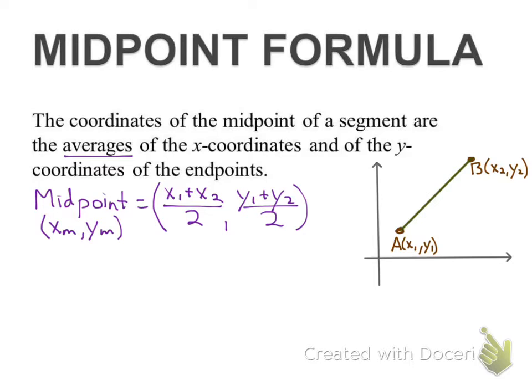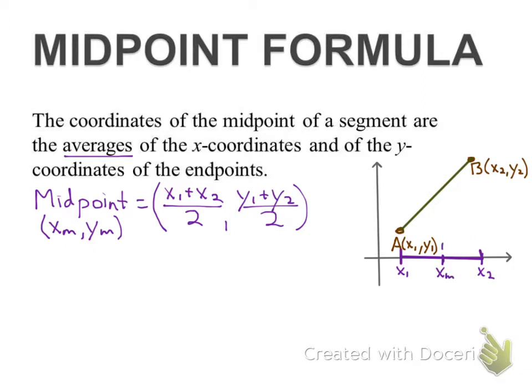So what are we doing here? Let's look over at our graph again. Forget the 2 dimensions here. Let's just think we're on a number line, and we've got x1 and x2. I want the middle because the midpoint is in the middle. So if I add the 2 and divide by 2, I get its middle value.